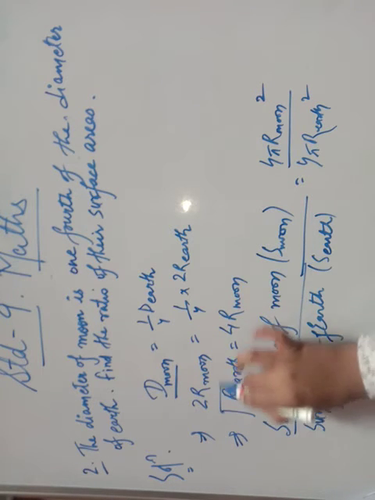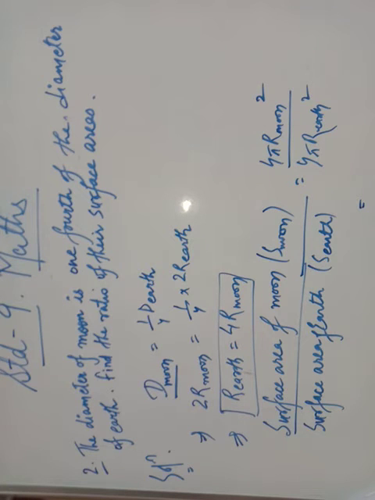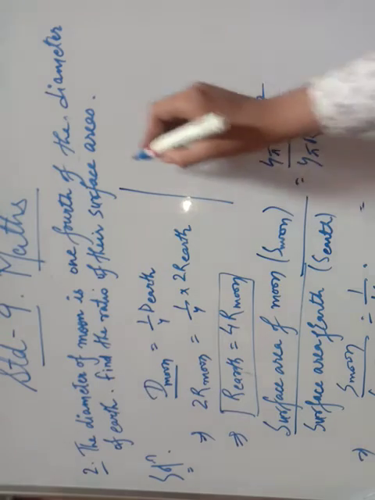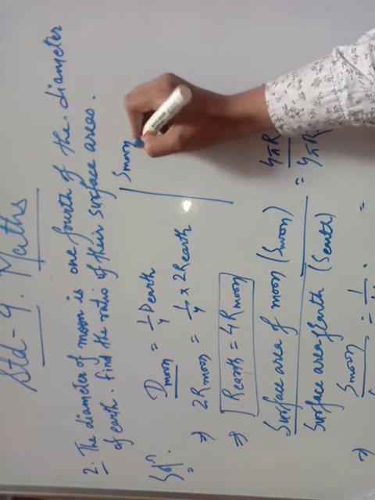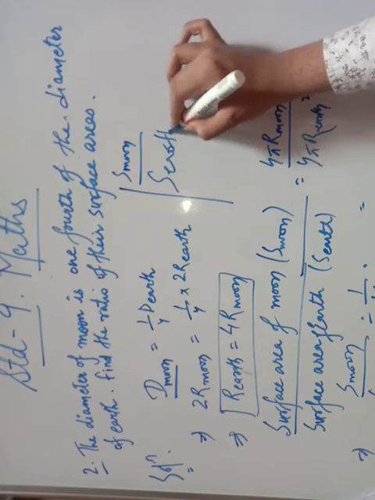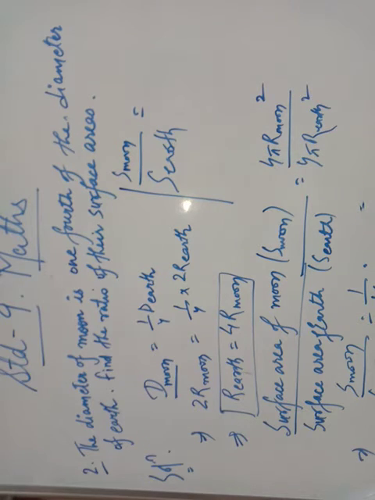Now we have found the relationship, and after putting the relationship we will find that S of moon by S of earth comes to be 1/16. So this was the demand of the question. So we have found that the surface area of moon by surface area of earth is coming to be 1/16. So this is an important question.